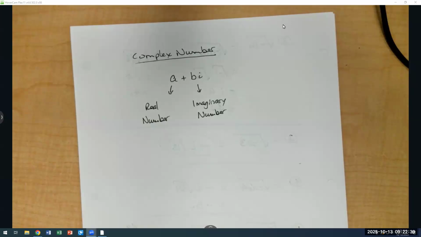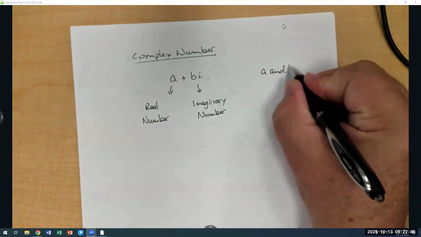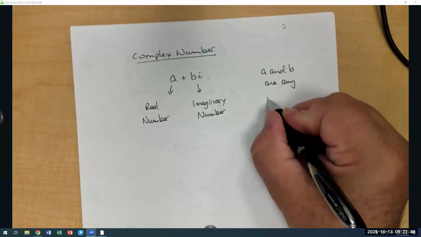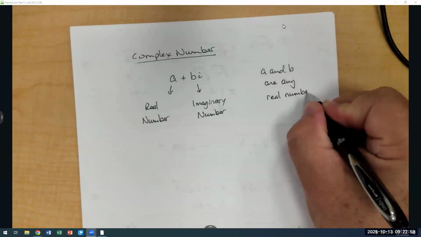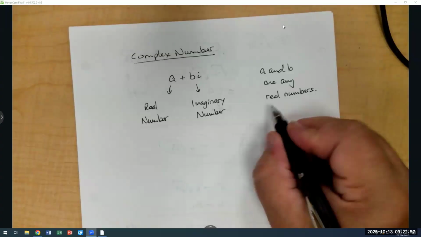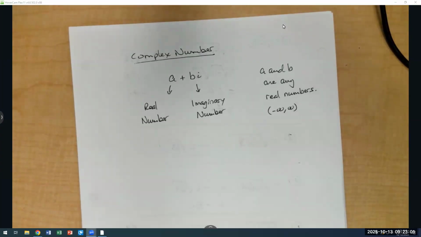A and B could be any real number. Remember, by any real numbers, I mean anything from negative infinity to positive infinity.